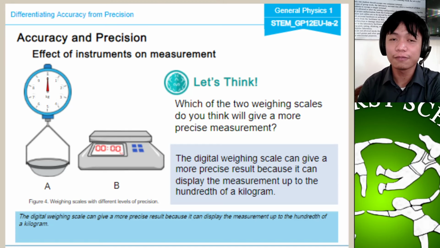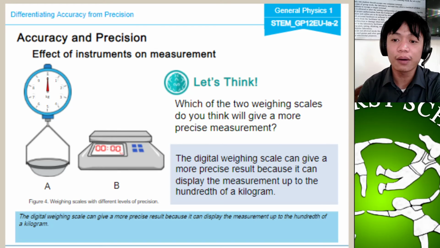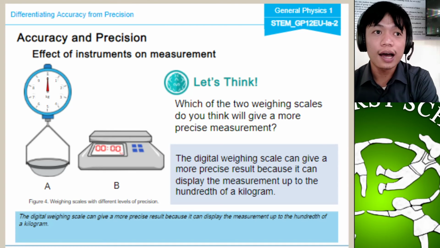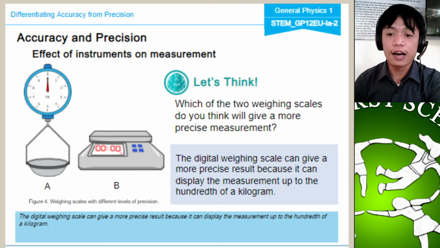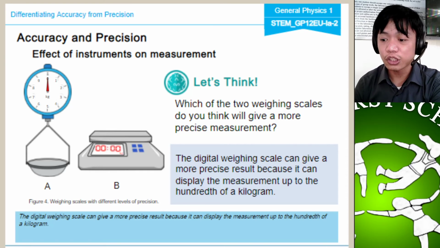Meron siyang repeated parang measurement. Dinidisplay niya pa rin yung halimbawa we have 1 kilogram 1.8. So yung 8 doon is halimbawa it's a mass, okay? Parang it is a repeated measurement.